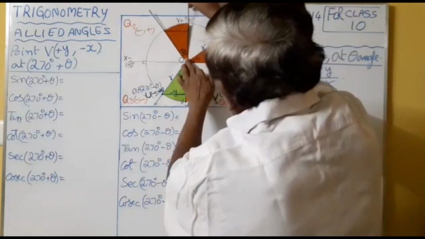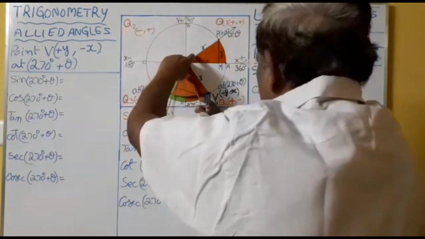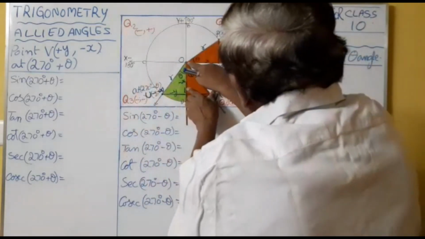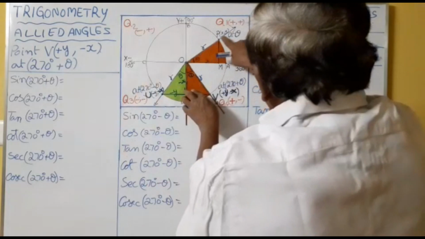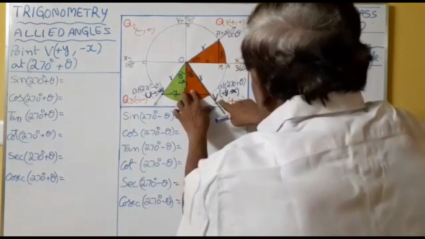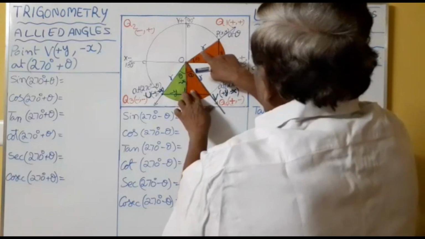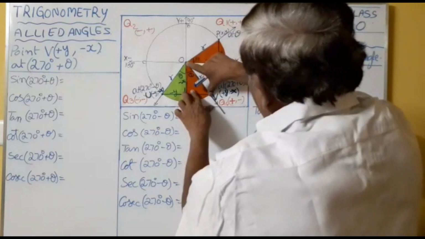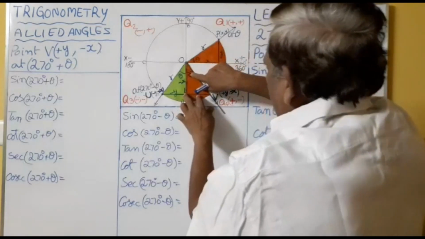At 270 degrees rotation, the OA position is OD and the OB position is OV. Since this radius is r, this is also r, and the angle theta here is also theta.